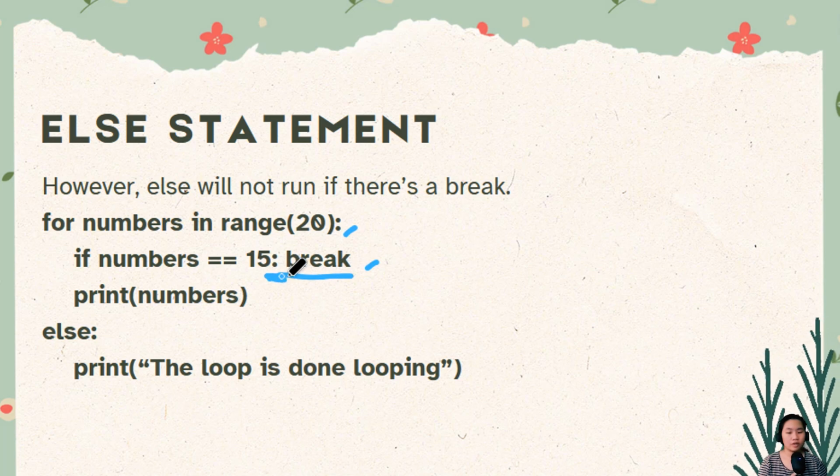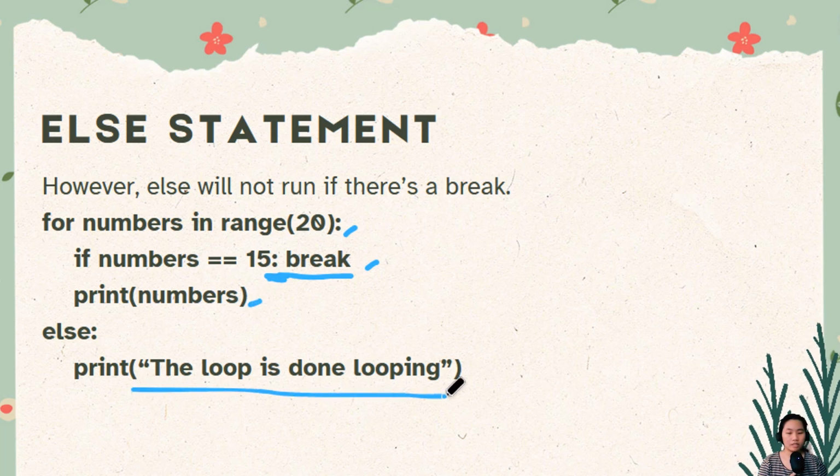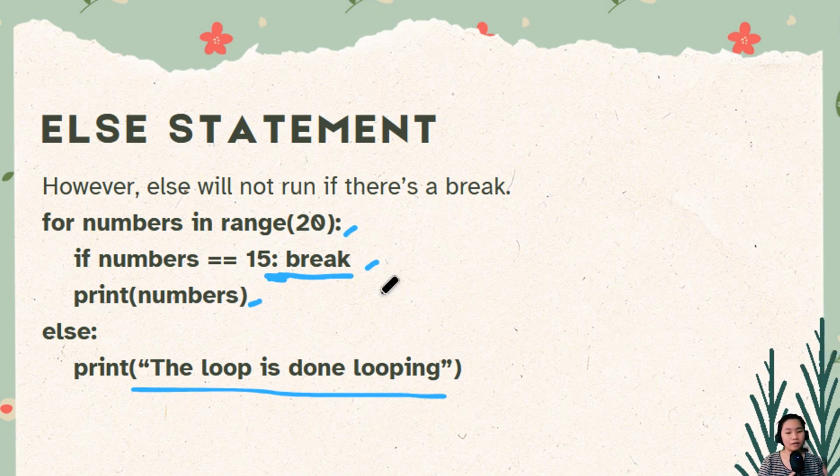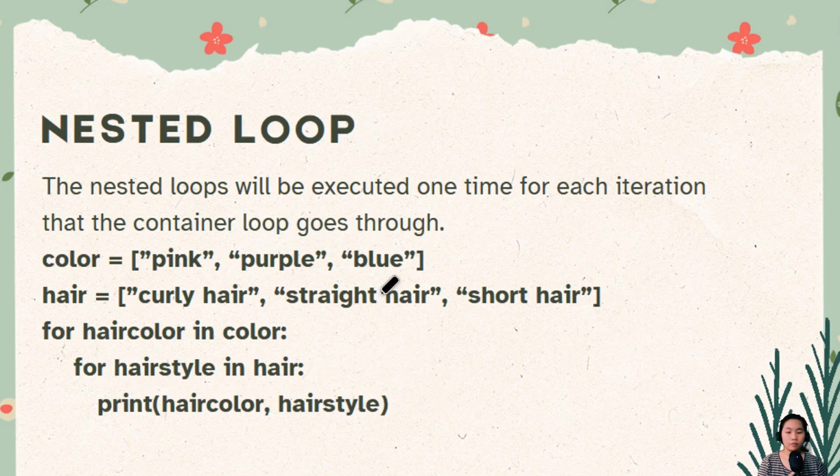Make sure to have a space in between the if statement and the break statement. Print numbers, else print the loop is done looping. Now what this does is that it goes 0 to 14. When it's at 15, sorry, not 16, it stops completely, and else will not print because else does not print when there is a break statement. Okay, I hope that you understand that.